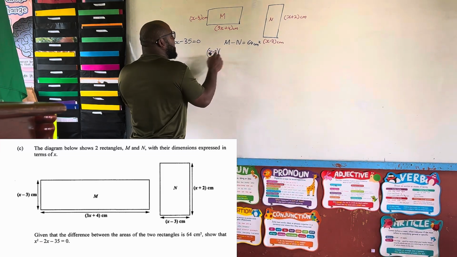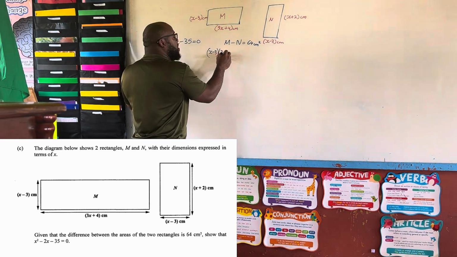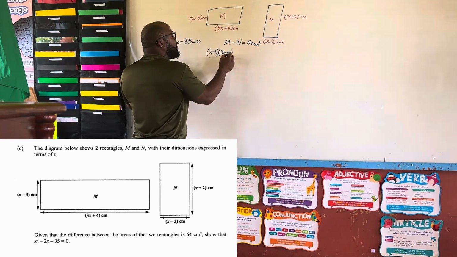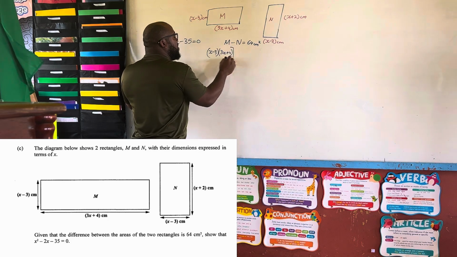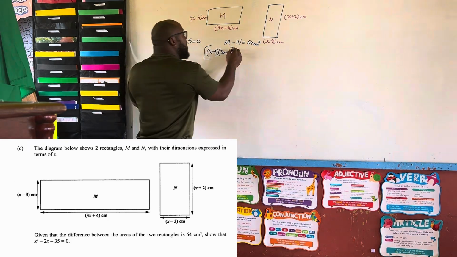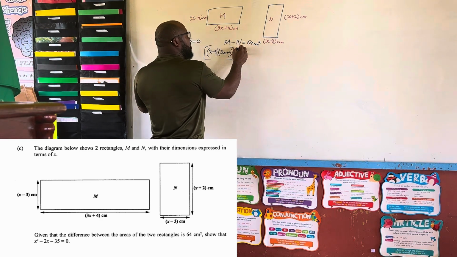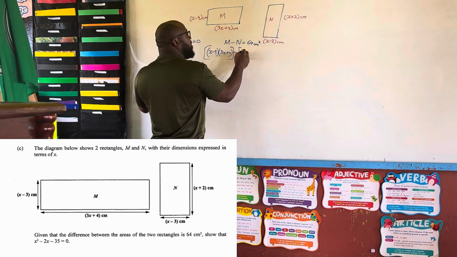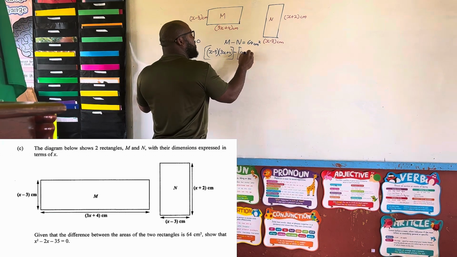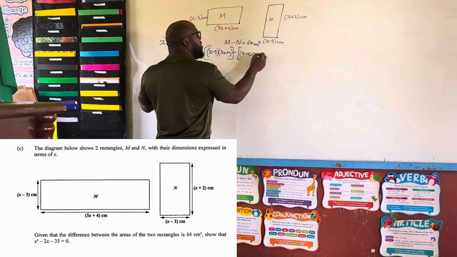Oh, okay. I'm sorry, let me put this one first. Sorry, wait a minute. 3x plus 4 times x minus 3. You see that? Then minus, that is N, x plus 2 times x minus 3.